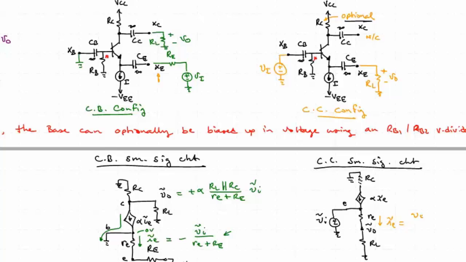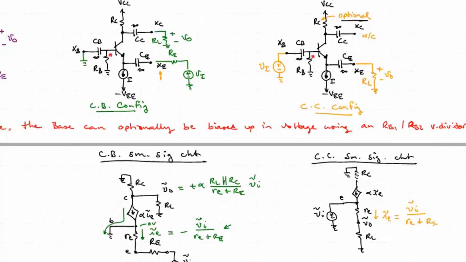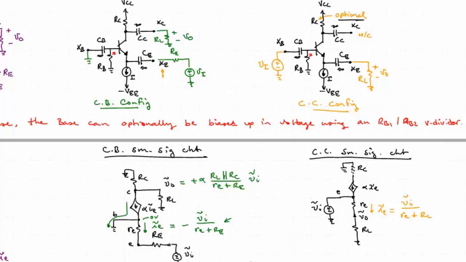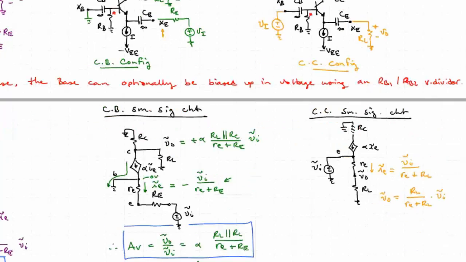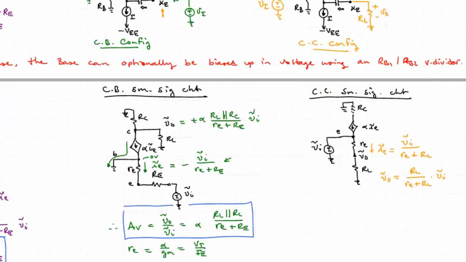So we have VI applied across little re plus RL. And so the voltage VO is going to be equal to RL times that current, so VO is RL over little re plus RL times VI. So let's rewrite that. AV is equal to RL over RL plus little re.